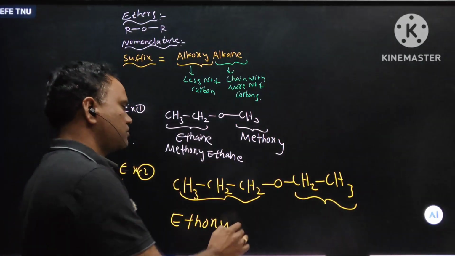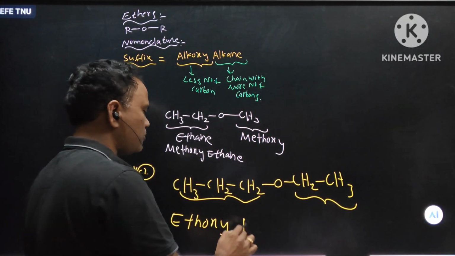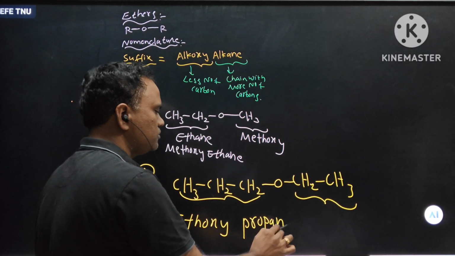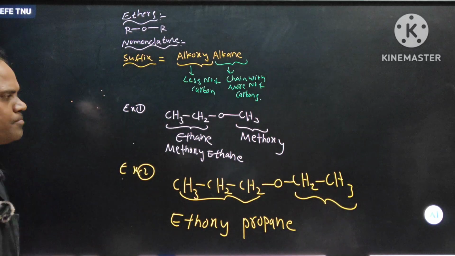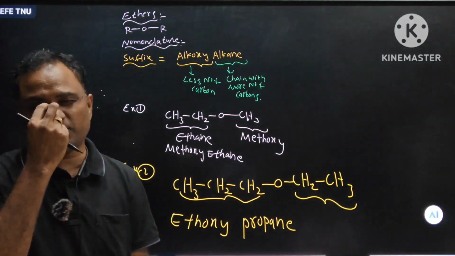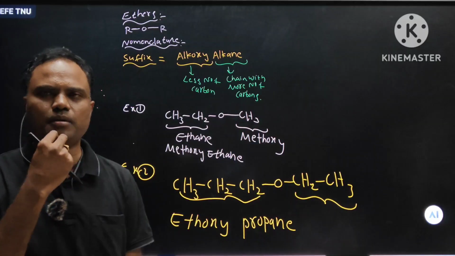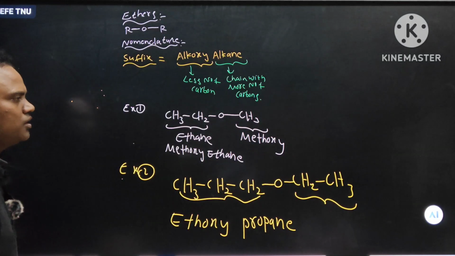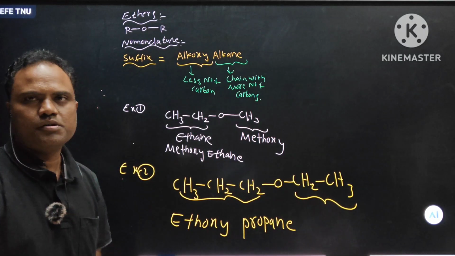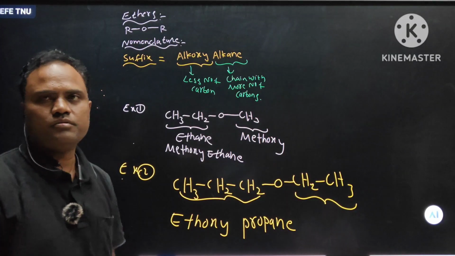Three carbons, next alkane: propane. Ethoxypropane. We have two important examples, very simple ethers, but important. See them. Shall we go to the next page?